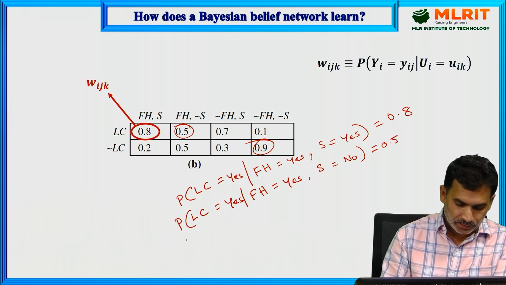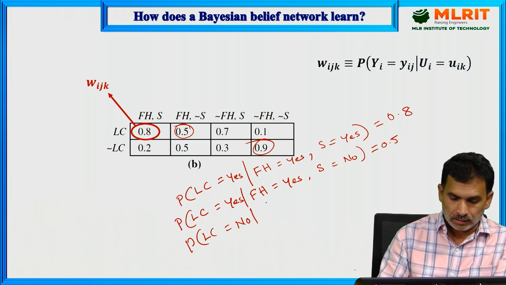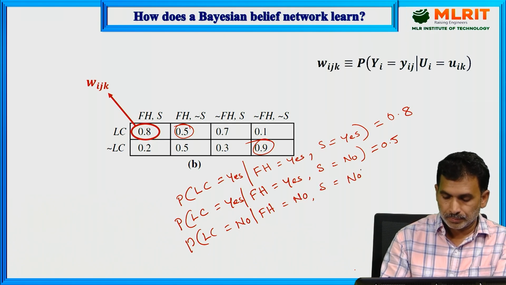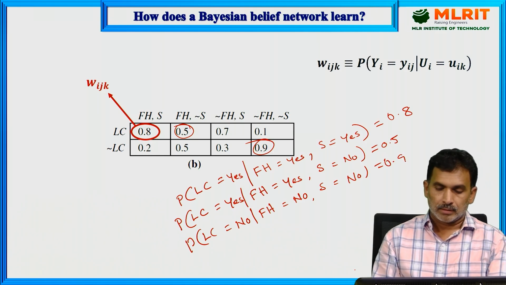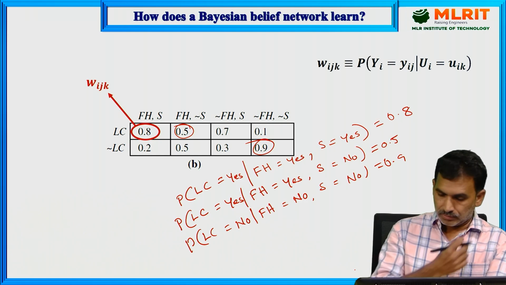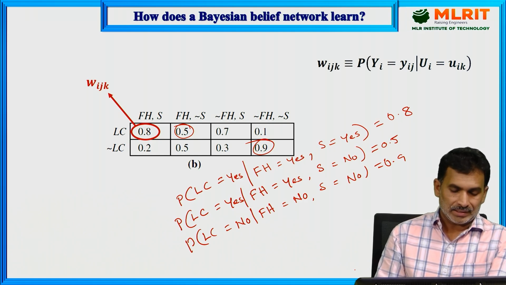This would be expressed as the probability of lung cancer no given family history no and smoker no. So that is equal to 0.9. So this is the way we can calculate the values of any conditional probability table.